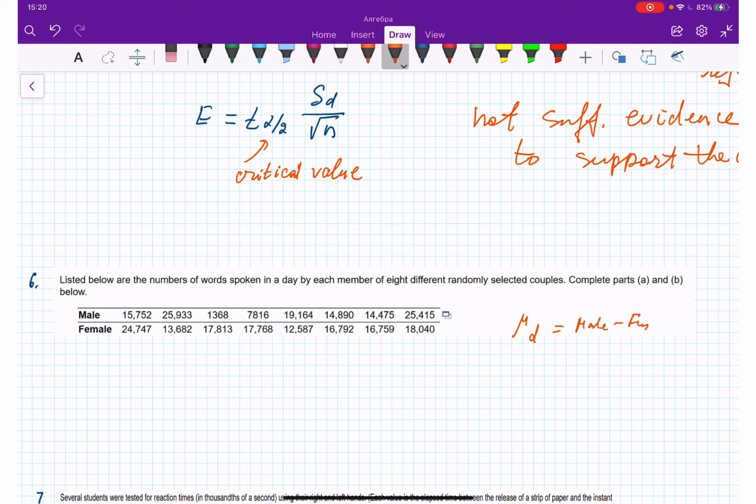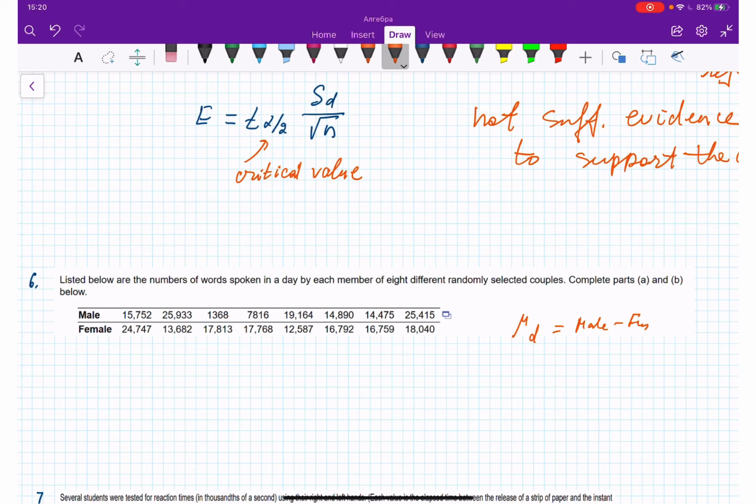And we are going to test if the words spoken by male minus words spoken by female is going to be greater than 0 or less than 0. The claim is that males speak fewer words in a day than females, right?